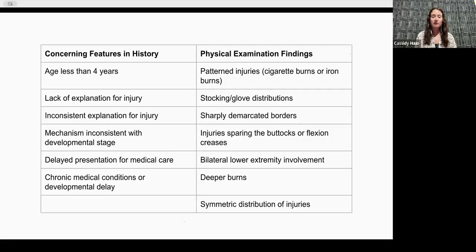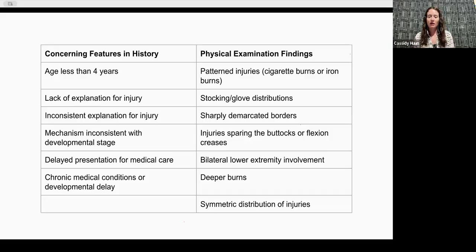On your physical exam, look for things like pattern injuries. You can see circular burns when a cigarette was put out on the skin. Iron burns can have a pretty distinct pattern. I showed you a picture of the stocking distribution and we discussed what the glove distribution would look like.